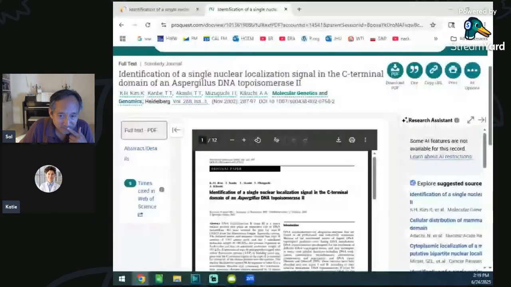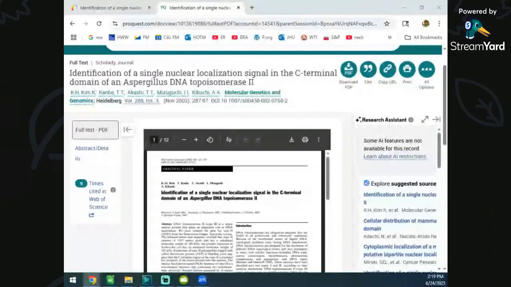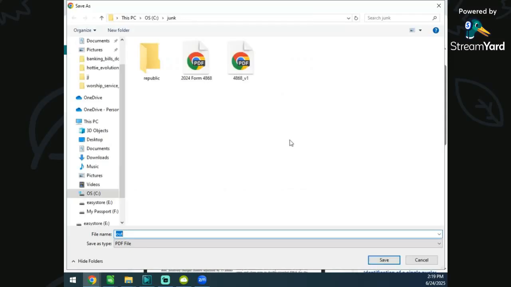Okay, so I'm going to have to give you some hard lessons here. We already talked about this. Let me get my screen share going. Can you see my screen? Yeah, I can see it. I'm going to download a PDF. I'll put it in the junk folder for now.